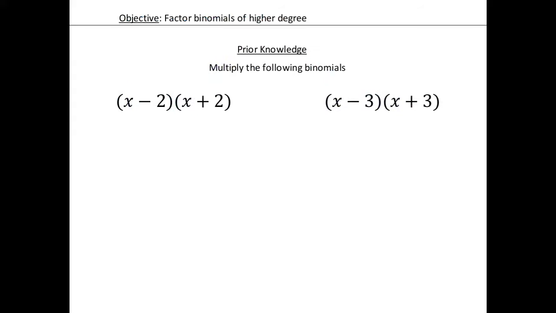For prior knowledge, I changed what's on your paper because that's basically what the lesson is today, so I wanted to take that out. Instead, I want you guys to multiply the following binomials, but I'd like you to do this on the whiteboard that's under your desk. Remember to multiply, you take the first term and then you distribute.